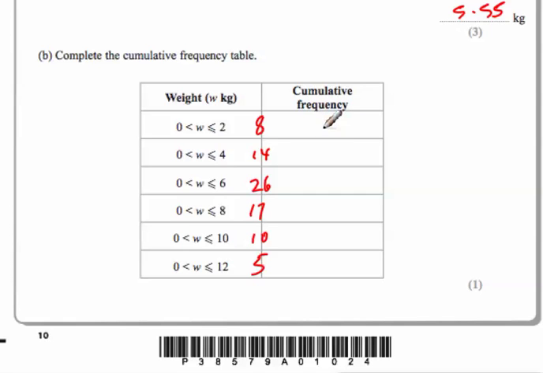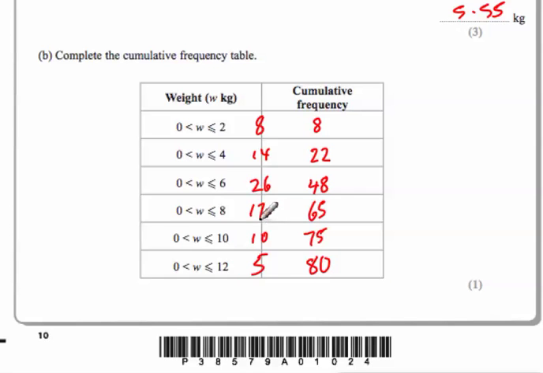So we start off with 8, and we add 14, so that will be 22. Add 26, so that will be 48. Then 48, 58, 65, 75. And 75 plus 5 is 80, which means that we haven't made a mistake. We know that's right because it should be a total of 80.